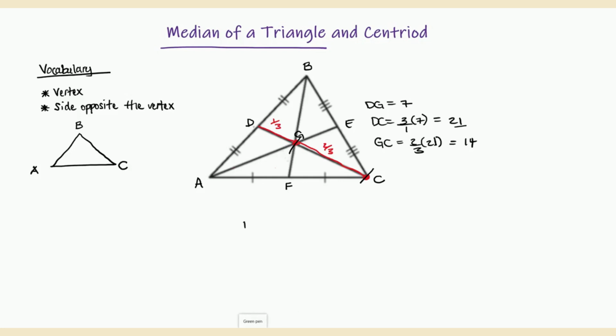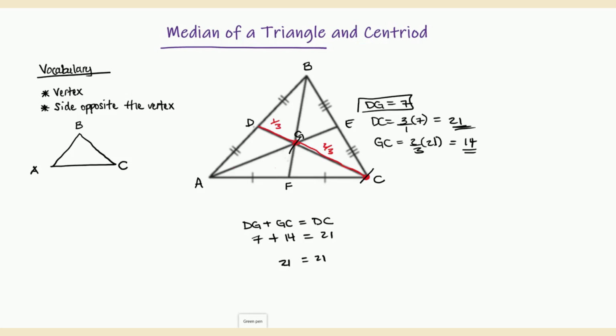We need to make sure that DG plus GC gives us the full measure DC. DG, we were given, that was 7. GC is 14 here. And then DC measures 21. And that works out well.